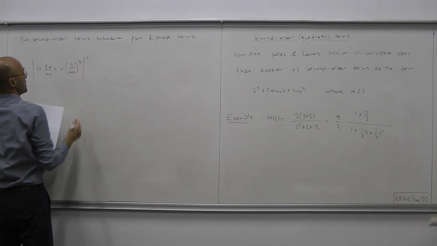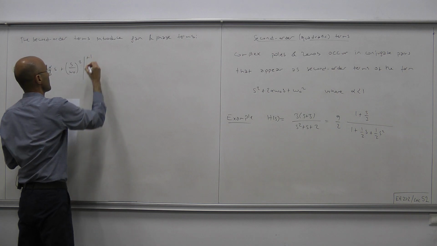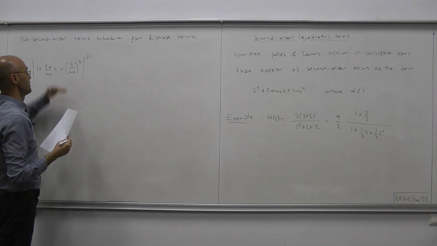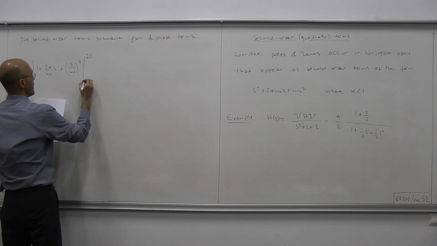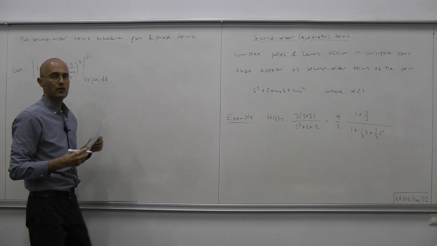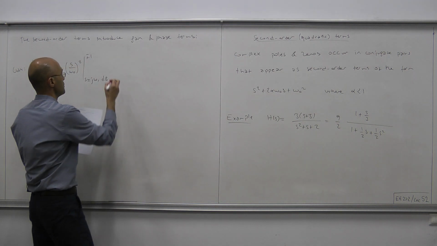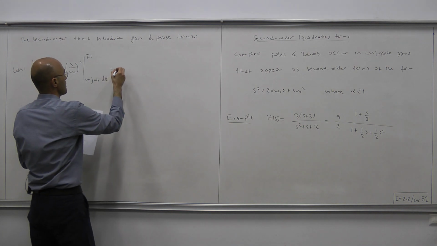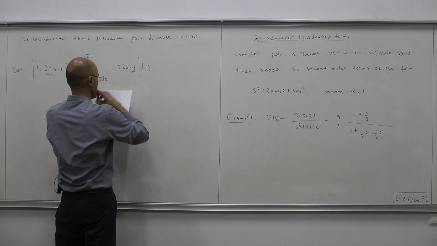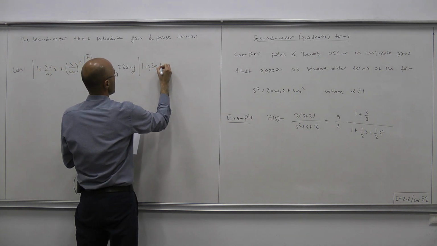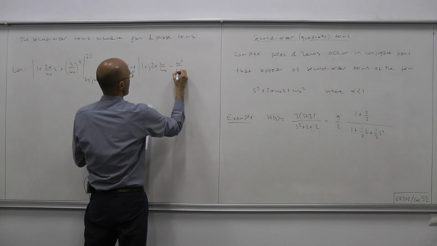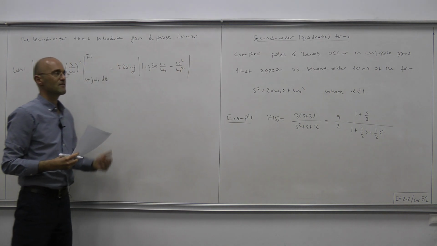It's plus 1 if it's in the numerator, minus 1 if it's in the denominator, namely 1 over that. And then you plug in s equals j omega and you convert it to dBs. That produces plus minus 20 log of 1 plus j 2 alpha omega over omega 0 minus omega squared over omega 0 squared.